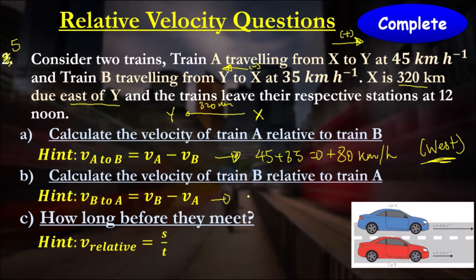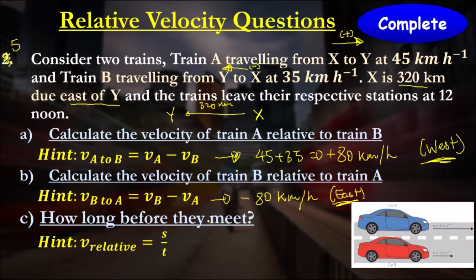Down here, the relative velocity would therefore have to be negative 80 kilometers per hour, or going in the east direction, is what we can say. Remember, if you already wrote the symbols, you don't have to write the directions. This is just more for cross-referencing for those who did show the symbols or use directions instead.